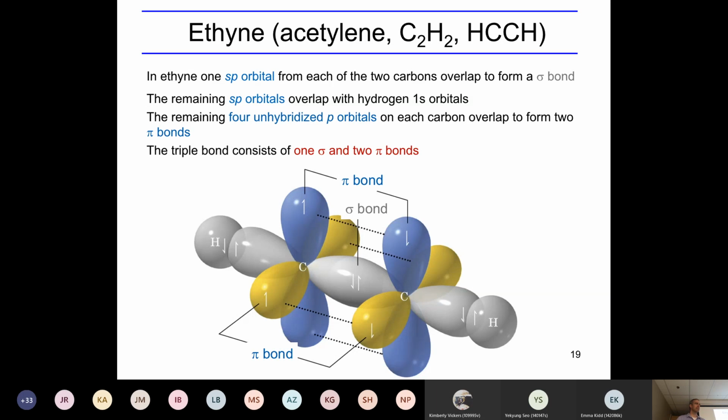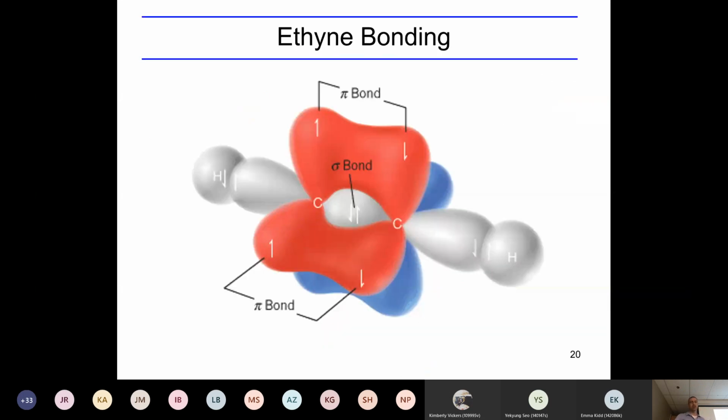So in acetylene, this triple bond is actually a sigma bond, which is strong, between the two carbons, and then there are two weak pi bonds above and in front and behind. And I have another picture of the same thing, just showing the overlap. There's one pi bond, a red and blue set going vertically, and another pi bond, the red and blue set going in and out.